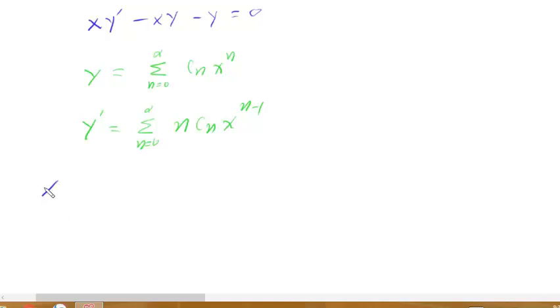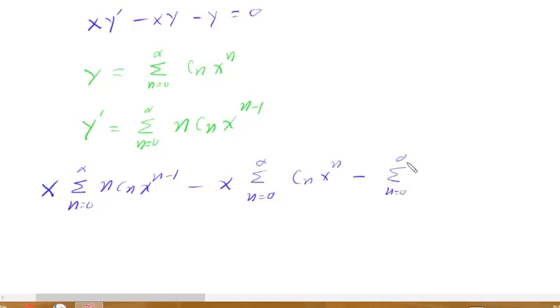We will get x times the summation from n = 0 to infinity of n c_n x^(n-1), minus x times the value of y, the summation from n = 0 to infinity of c_n x^n, minus the value of y, the summation from n = 0 to infinity of c_n x^n, is equal to 0.